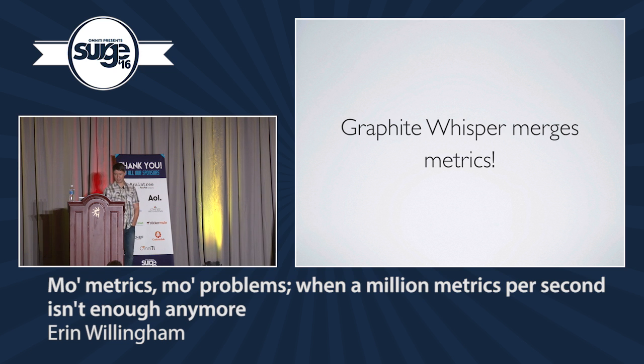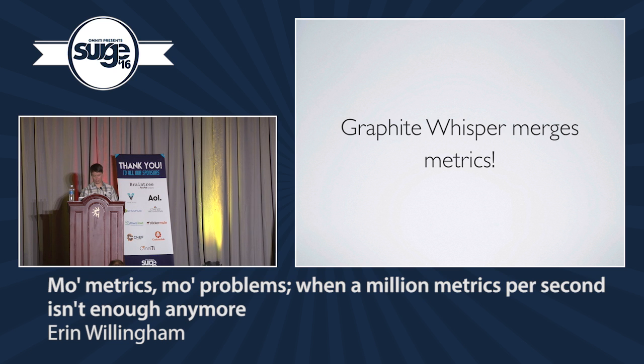Another thing, on the Whisper side of things, the newer versions of Graphite Whisper actually merge metrics. What I mean by that is if you have two Whisper backends with a similar set of metrics, and you are missing a slice of metrics on one, like 15 minutes because your server rebooted, the backend will actually go out and query the other Whisper backends to see if they have the data, and it'll fill in the missing data.